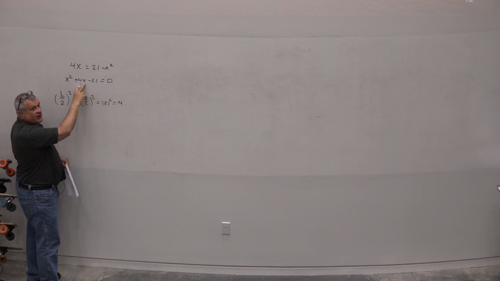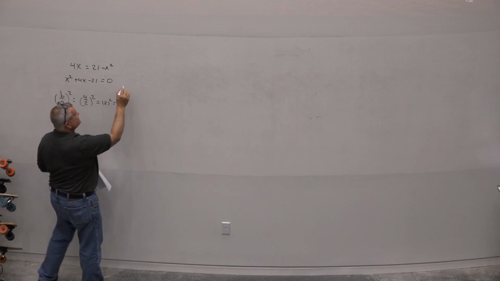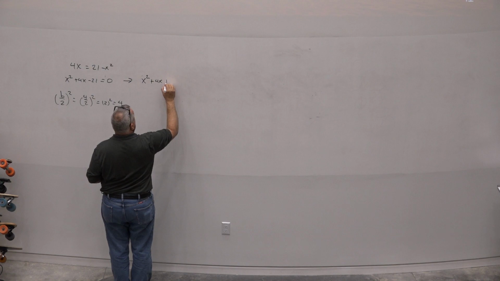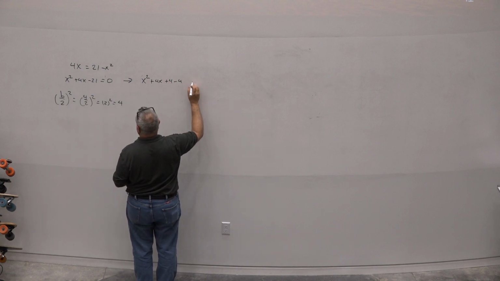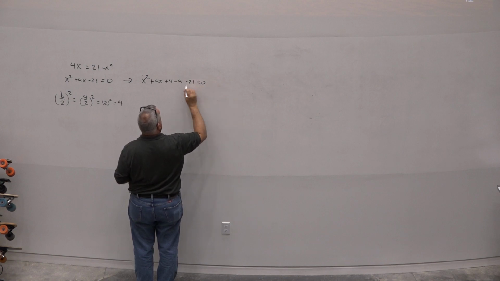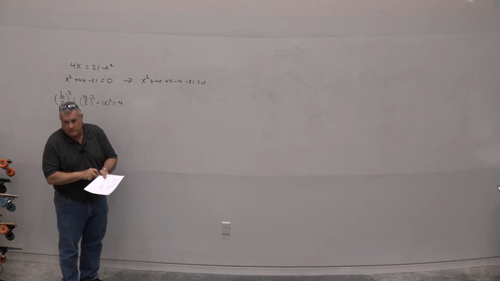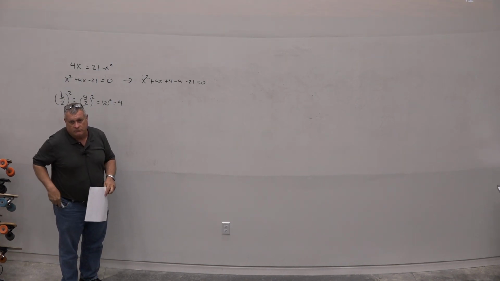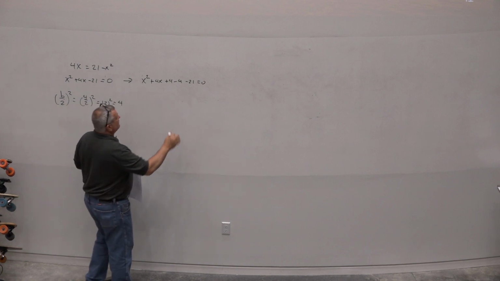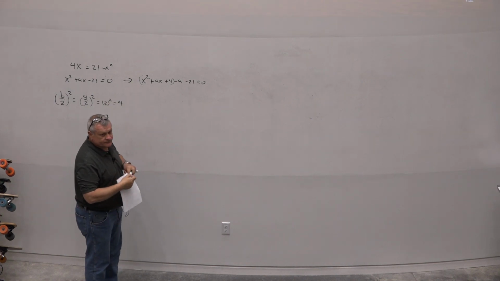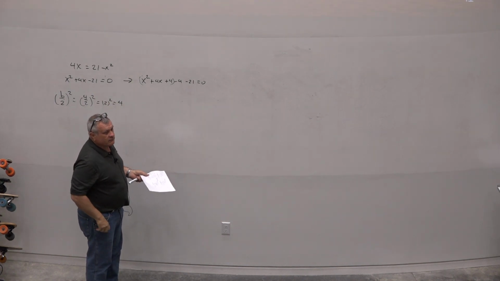When I add and subtract, I can get away with this because I'm essentially adding nothing to this equation. So this is going to be x squared plus 4x plus 4 minus 4, and I just shuffle the minus 21 over. I've really added nothing. What I've done is force this to be a perfect square. That was the whole idea.